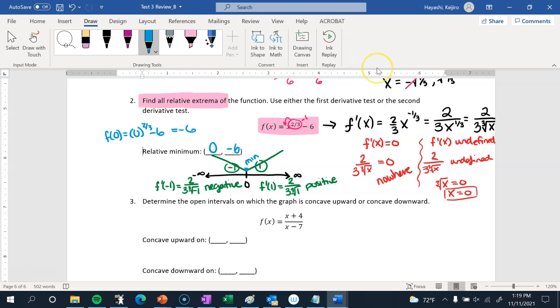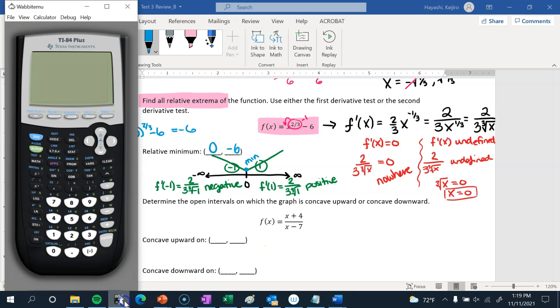Now, as for why f prime was undefined, these functions that look like they're to the 2/3 power tend to have a particular way that they look. So let's do x to the 2/3 up here and -6 out here. So it has this sort of double-sided, bouncy kind of thing.